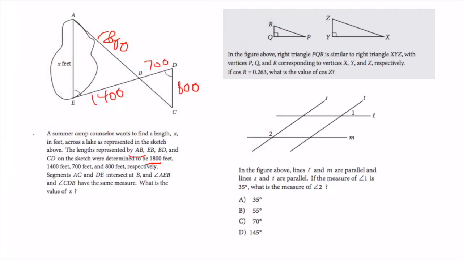Now what else do I know about this? I know that this angle and this angle are the same. And they also tell me that this angle and this angle are the same. Which leaves me with this angle and this angle being the same. So I do have 2 similar triangles here.